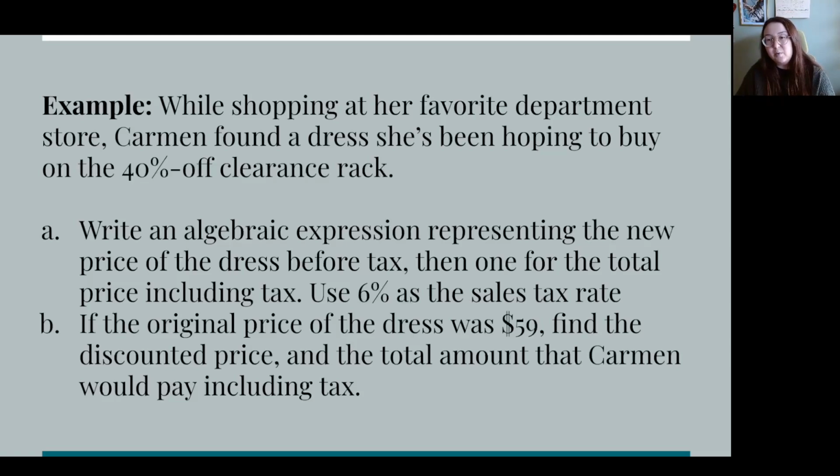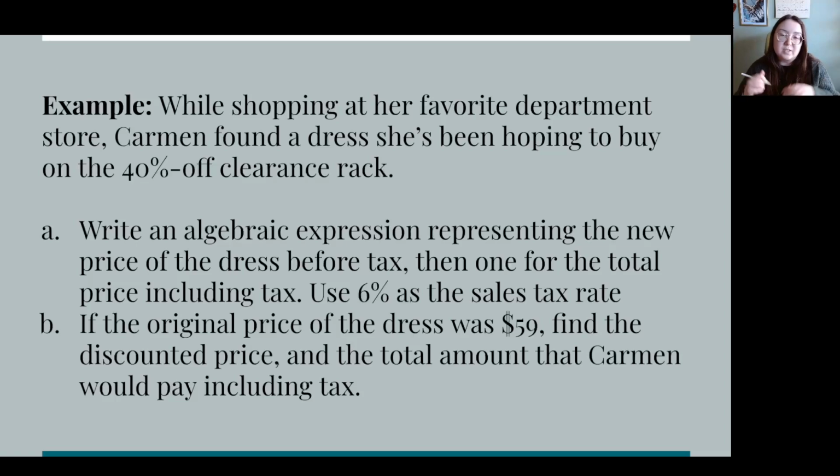And then we're going to write one for the total price including tax. We're going to use 6% as the sales tax rate to do this. Then for B, we want to know if the original price of the dress was $59, find the discounted price and the total amount that Carmen would pay including tax.